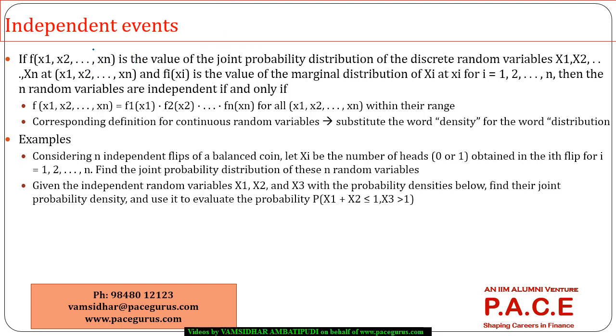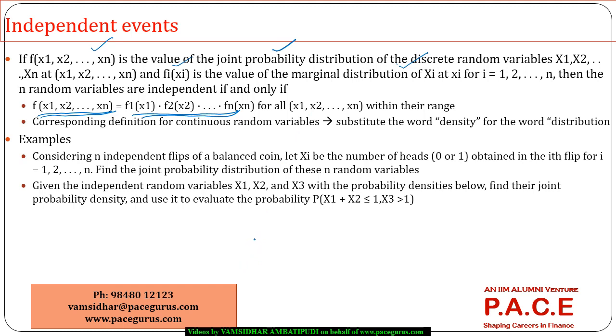So if f of x1, x2, xn is the value of the joint probability distribution function, and fi of xi is the value of the marginal distribution of xi at xi, then if they are independent, you should find that the joint probability distribution comes out as the product of the individual marginal distributions.